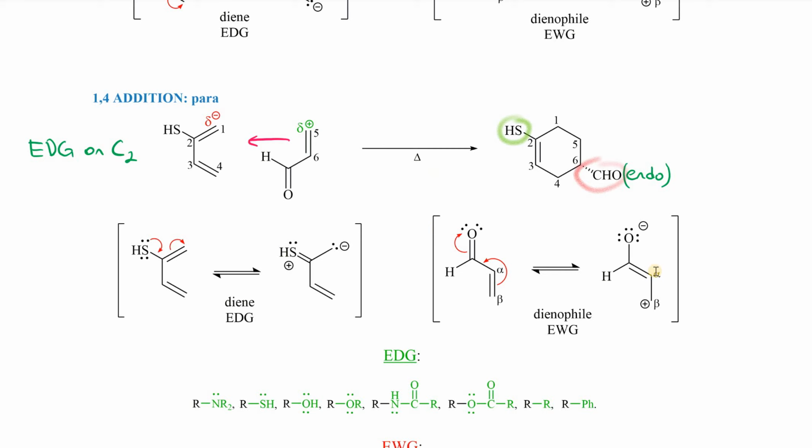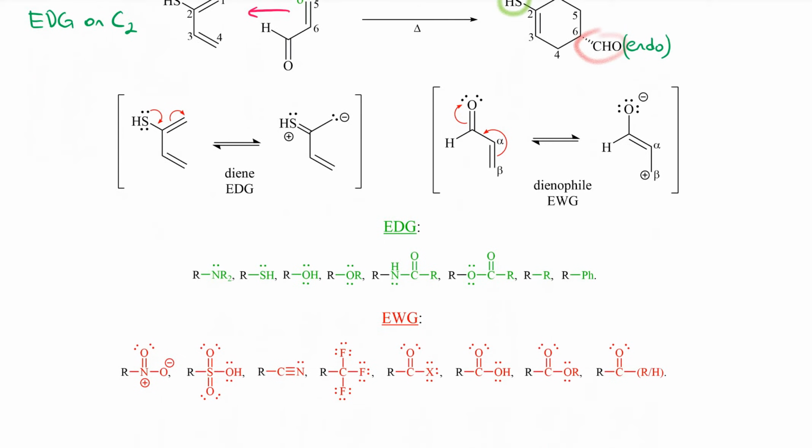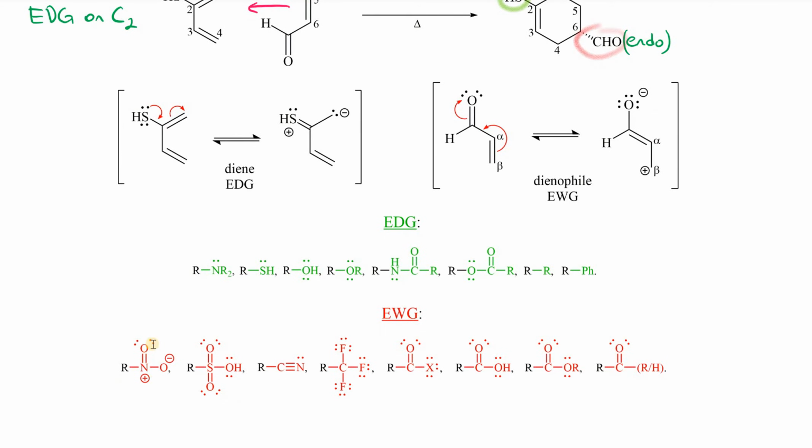Now, as a part of the dienophile, we've been using carbonyls, but there are a lot stronger electron withdrawing groups, such as the nitro group, NO2, even a sulfate. Nitriles are very common. If we put the most electronegative atom, fluorine, directly adjacent to the pi bond, it will extract electron density by the inductive effect.